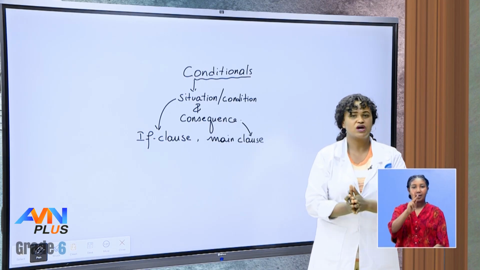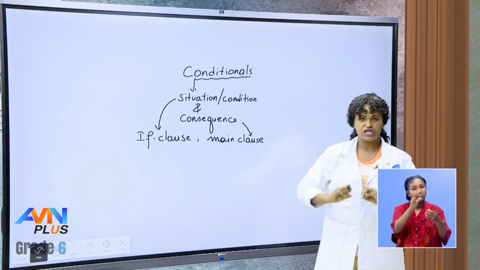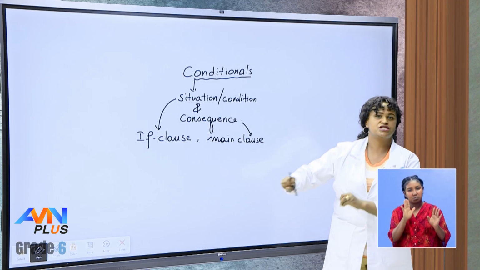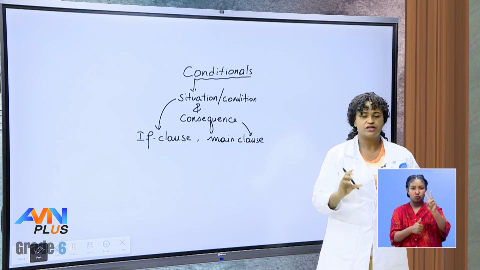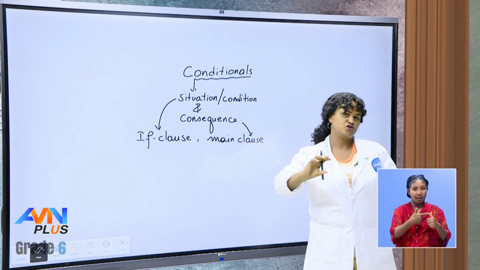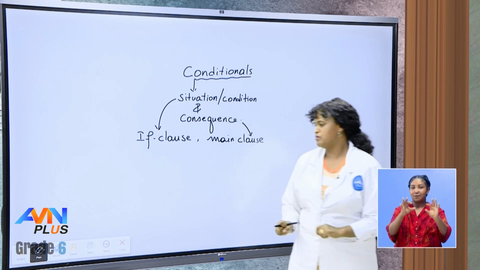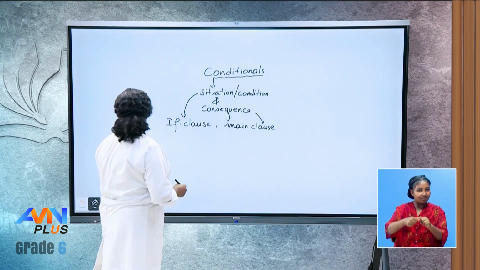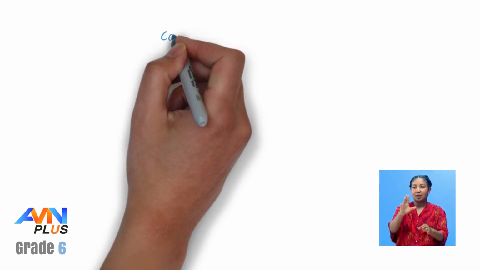Okay? Whether you are talking about conditional sentence type 1, type 2 or type 3, it doesn't matter, or the mixed conditional, never mind. But if you say conditional, there is a condition and there is also a consequence. Okay? Very good. Keep that in mind, and let's come specifically to conditional sentence type 1.